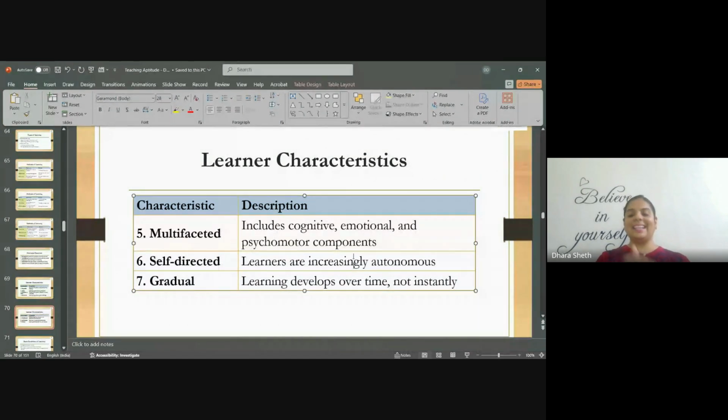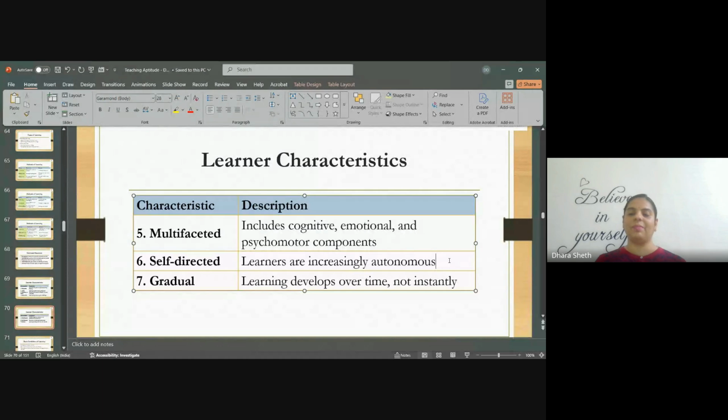Self-directed, as age increases, as the complexity increases, learners are increasingly autonomous. In KG, you are very dependent on the teacher. In primary, a little bit lesser. As you go to secondary, higher secondary, you don't have schools anymore.